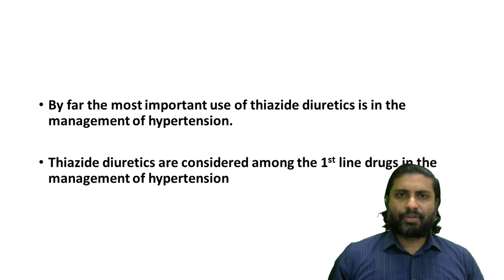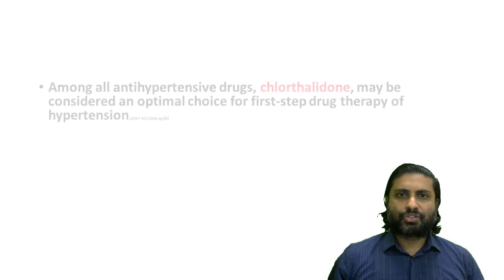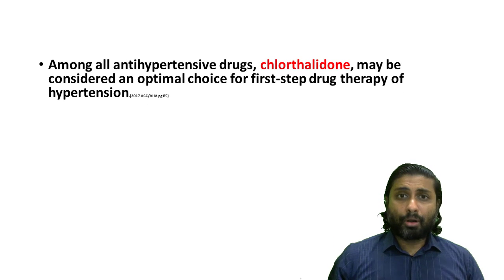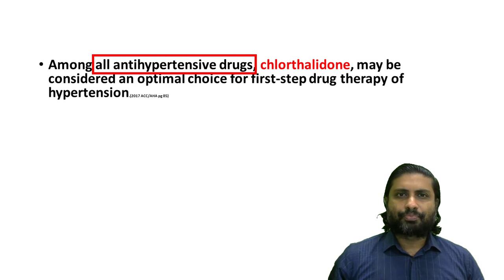They are considered among the first-line drugs in the management of hypertension. In fact, among all antihypertensive drugs, chlorthalidone may be considered as an optimal choice for the first step drug therapy in hypertension. There are two reasons for this.